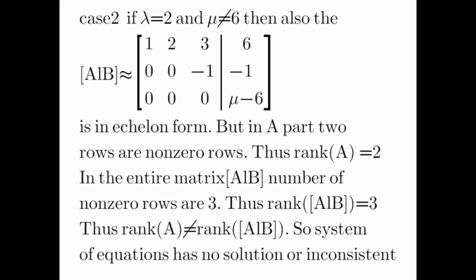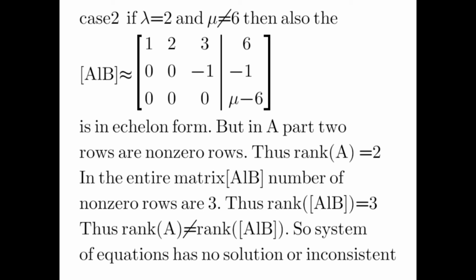And in the second case, lambda is equal to 2, but mu is not equal to 6. That is, mu minus 6 is not 0. So if you consider the A part, that is the left of the separator, there will be only two non-zero rows, 1 2 3 and below that the second row 0 0 minus 1. Only these two are the non-zero rows. In the coefficient matrix A, there will be 3 rows and 2 non-zero rows, therefore rank of A will be 2.